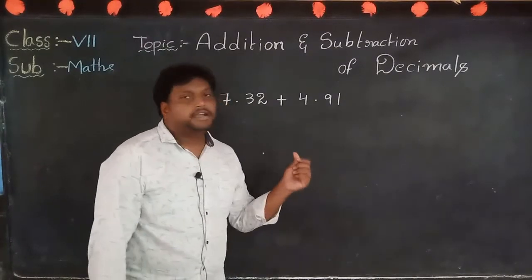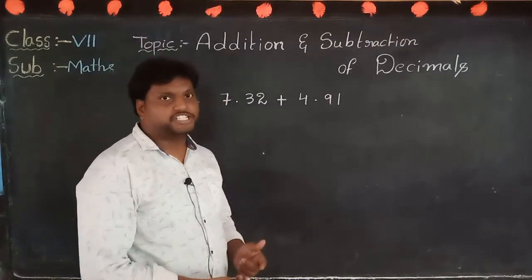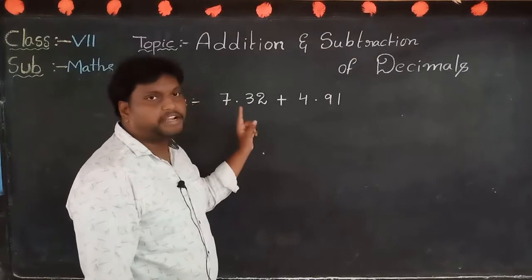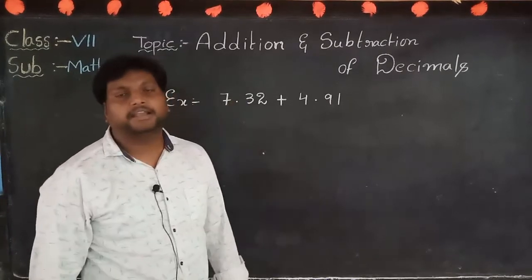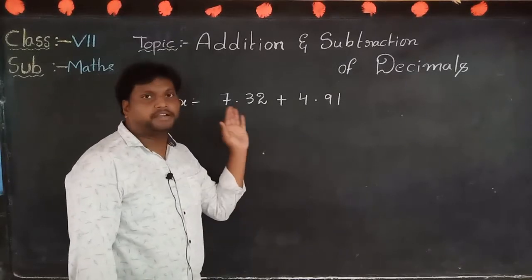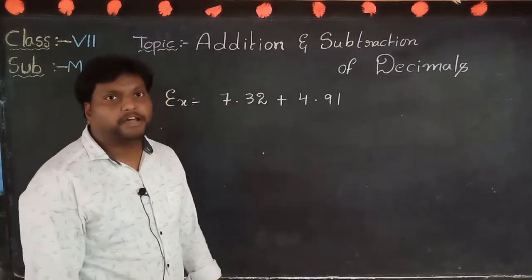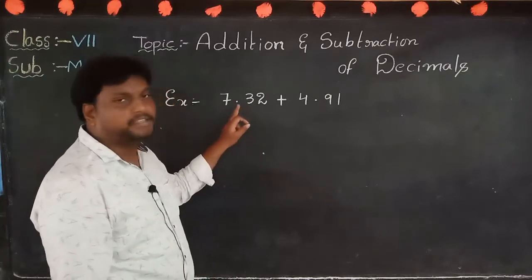But in addition or subtraction of decimals, in any operation we have to depend upon the decimal point. Already we explained in earlier classes that the part before the point is the whole part and the right side after it is the decimal part.